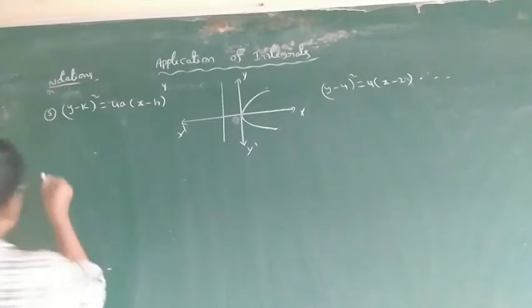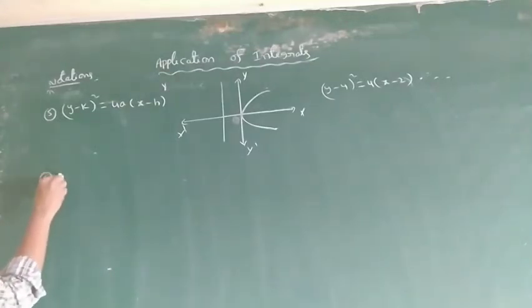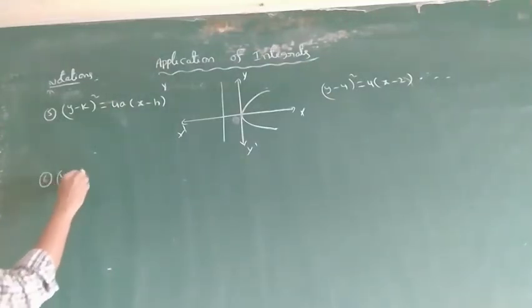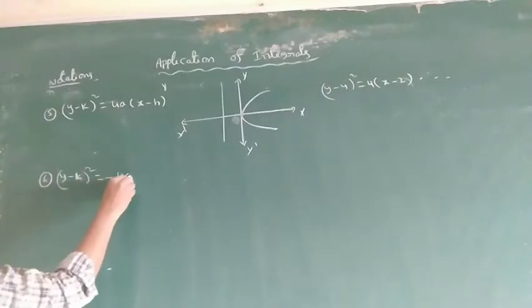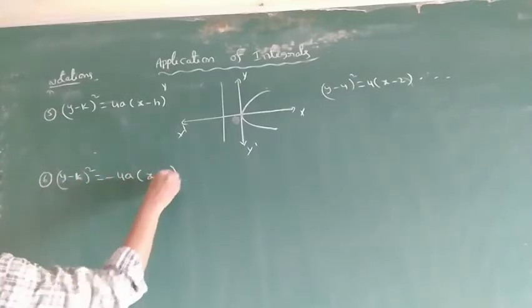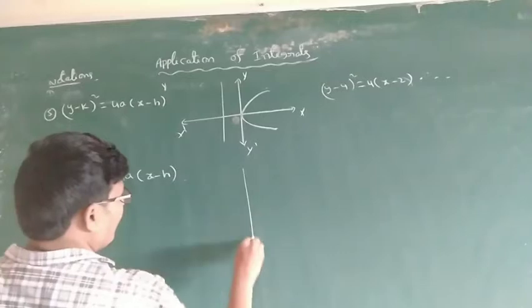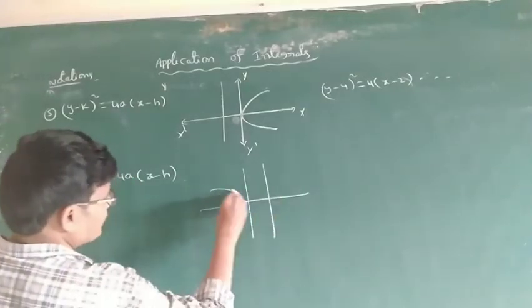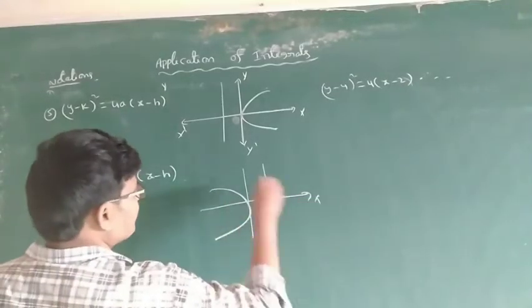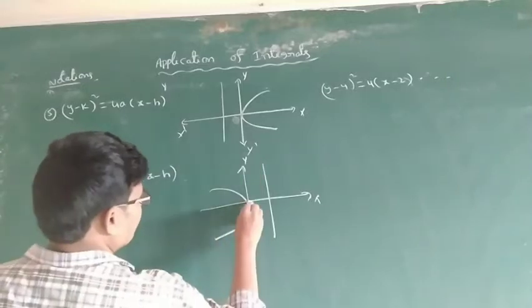Next, sixth one, y minus k whole square is equal to minus 4a into x minus h. This is the opposite direction, x-axis, y-axis, this is 0.